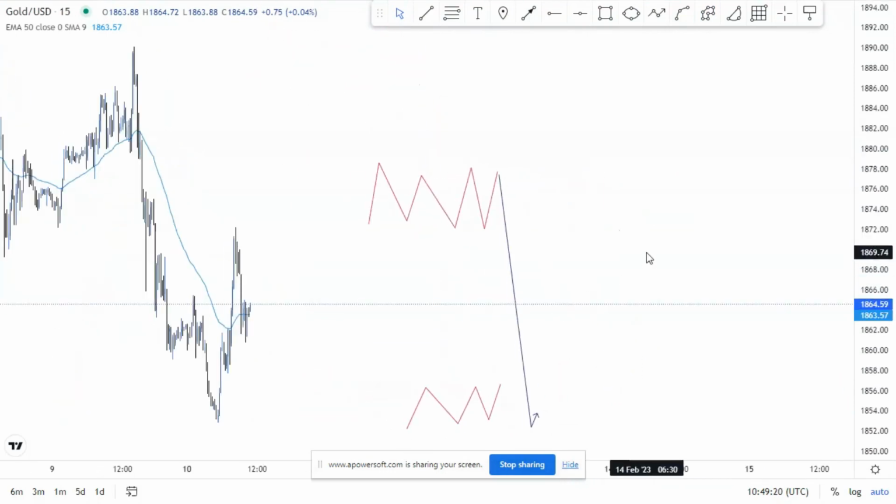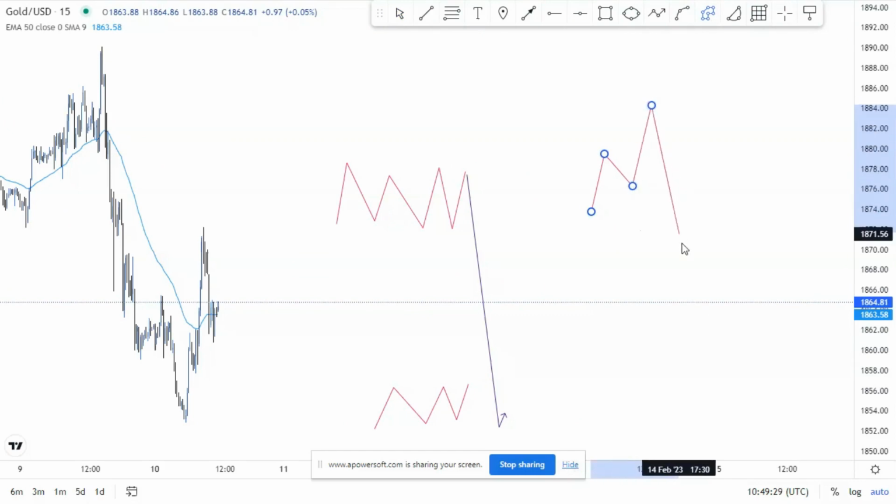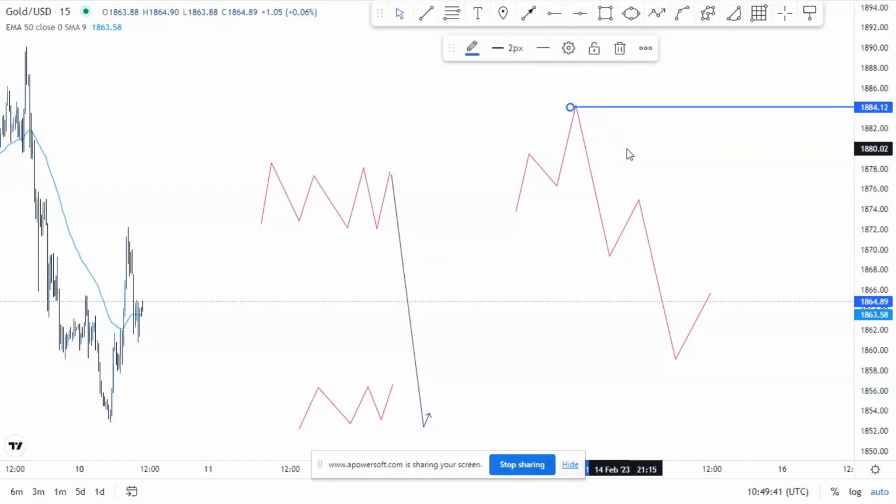The second area where we normally get entries is this. Let's say the market was moving, and then it moved like that. Where are the next areas where we normally get entries on top of those points?